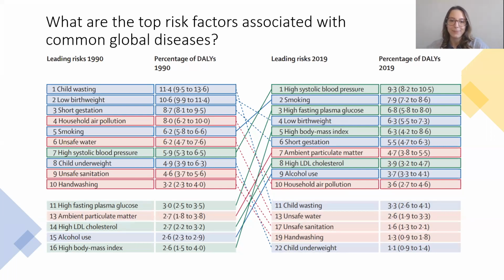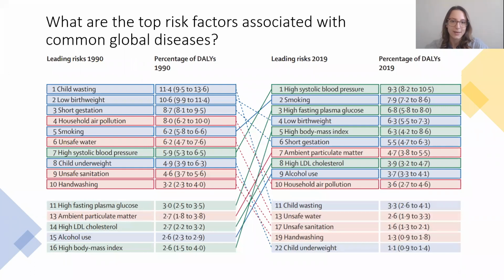These are all aspects of maternal health, which really had a significant impact on health back then. Compare that to 2019, so about 30 years after that, things have changed a little bit, right? So instead of a lot of those maternal health factors, the leading risk factors have now become things like blood pressure, smoking, and a different range of different risk factors.